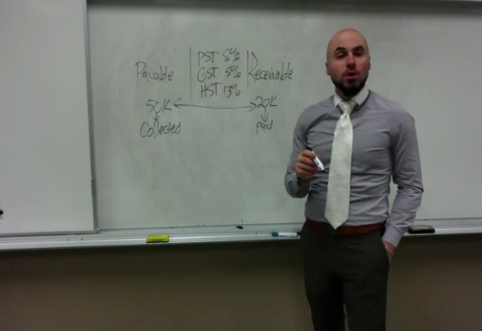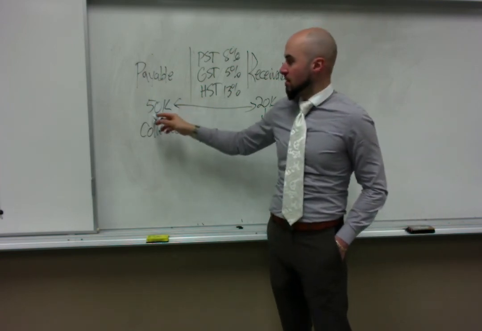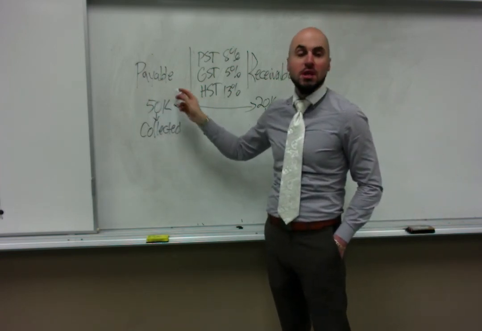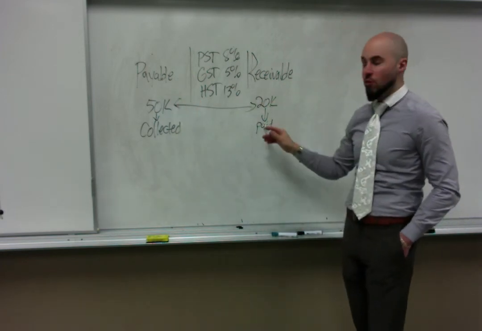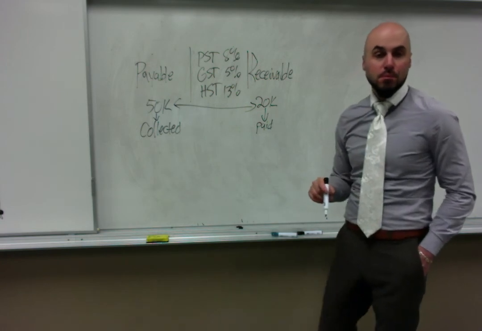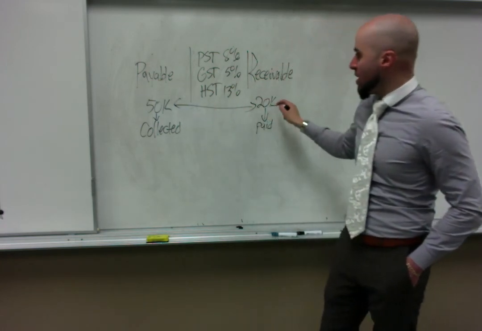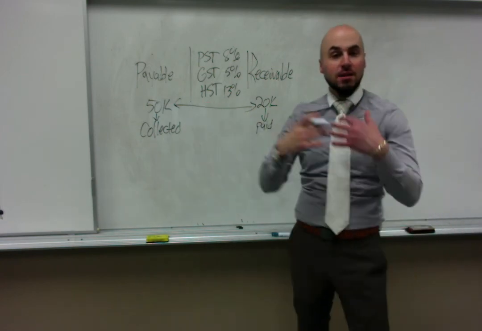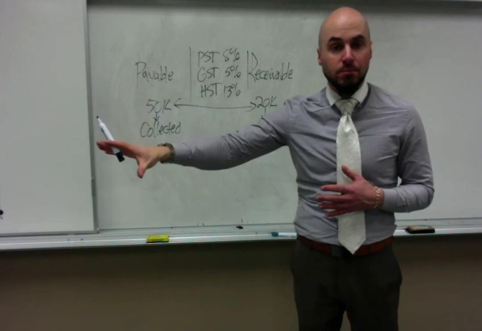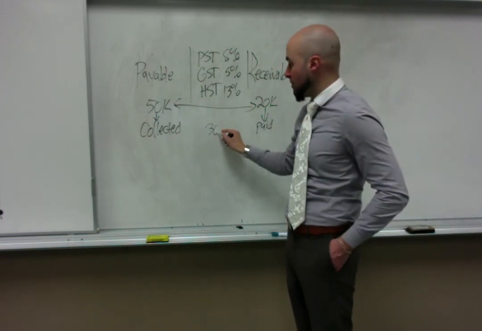So what you're going to do is get a total and call this, we'll say it's HST actually, HST payable 50,000, HST receivable 20,000. If the payable is higher than the receivable, as it is in this case, it means you collected more tax than you paid. Right? You collected more than you paid by 30,000.